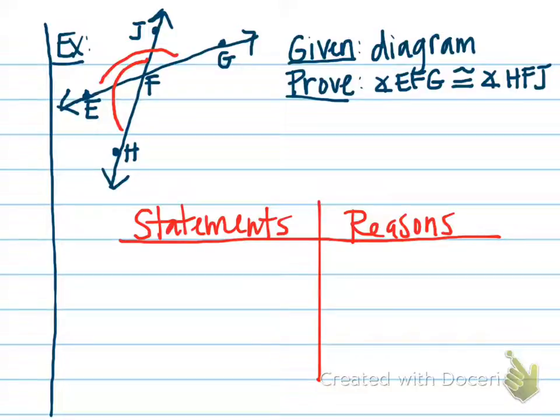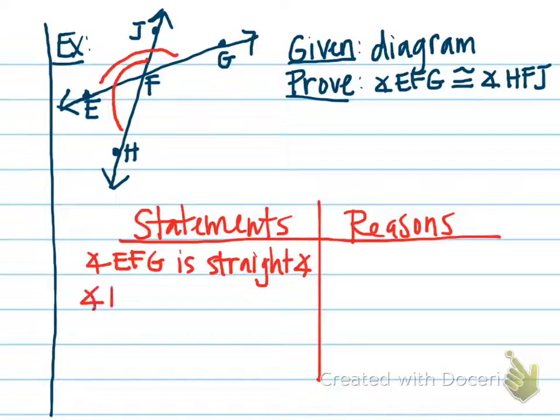The first angle that is straight is angle EFG. So angle EFG is a straight angle, and angle HFJ is a straight angle.